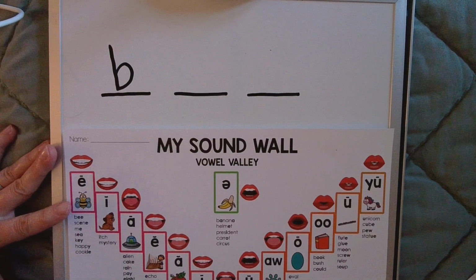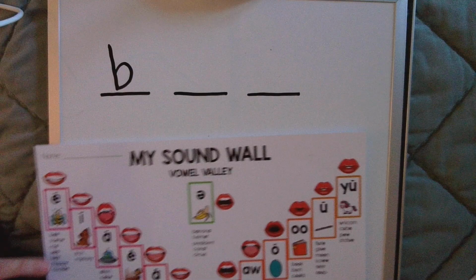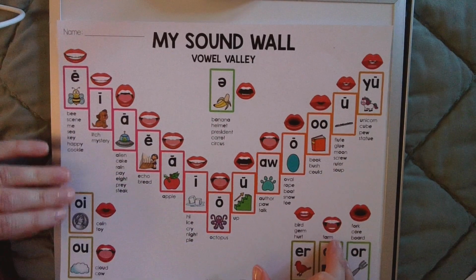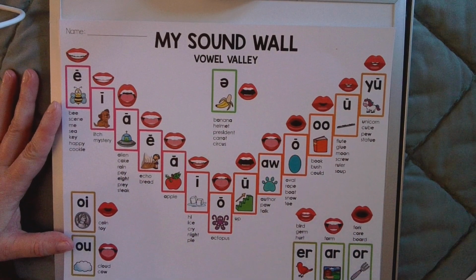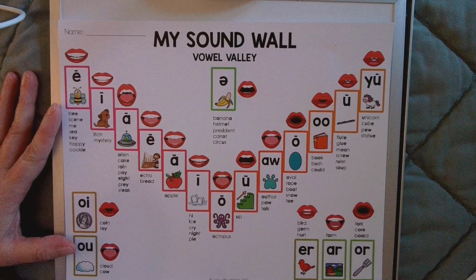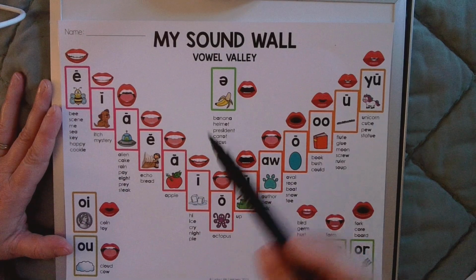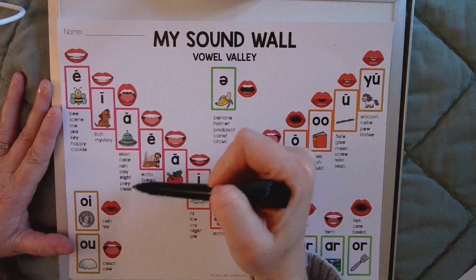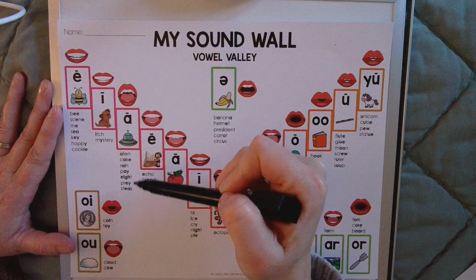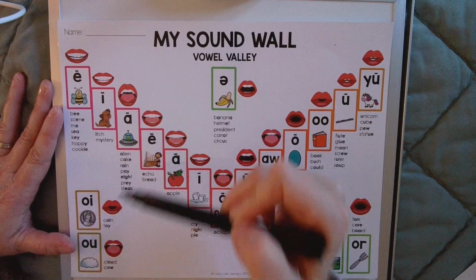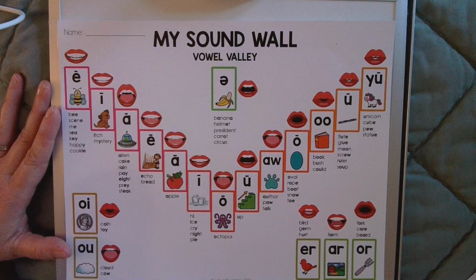But they're not sure what makes that long A sound. So what we would have them do, either on their personal tool or using the bulletin board in the classroom, we would say, find the long A sound. And they would be able to point to this column right here. And we'd say, look at the different ways that you can make the long A sound.